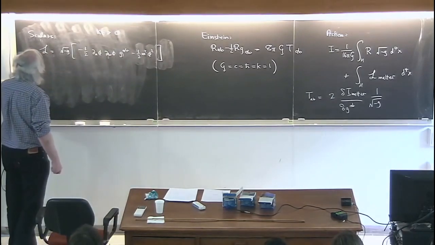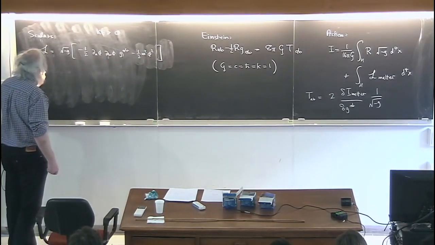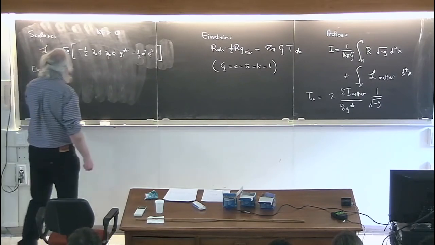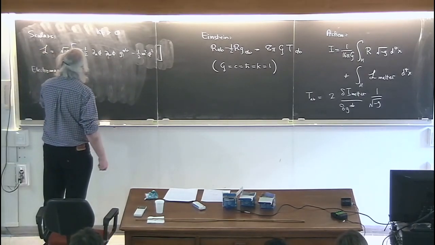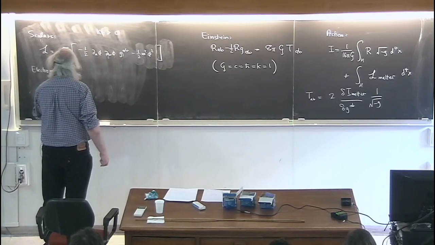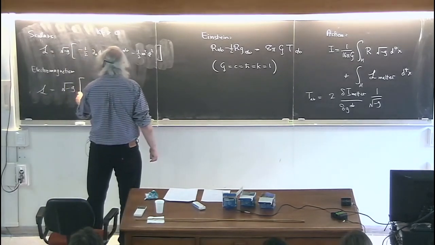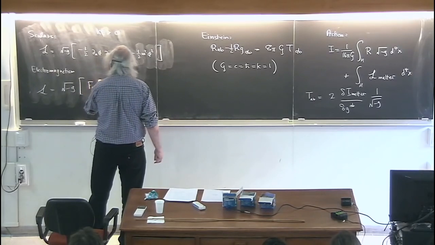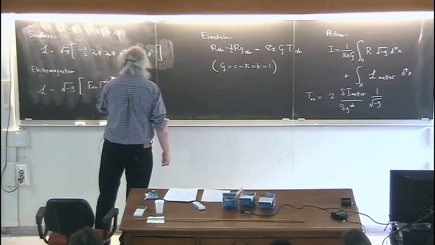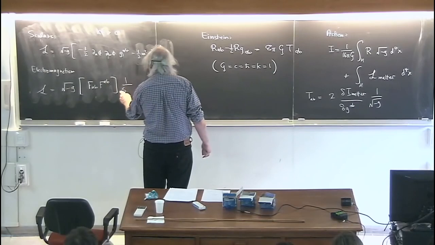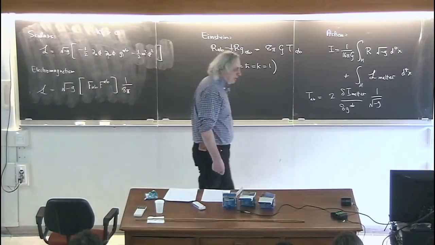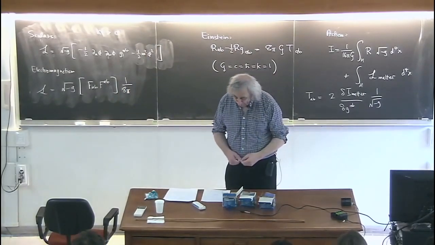If we're interested in electromagnetism, the Lagrangian for that will be the square root of minus g, F_AB F^AB, where F_AB is the Maxwell field strength tensor, and then a 1 over 8 pi to prevent various other numbers becoming unmanageable.